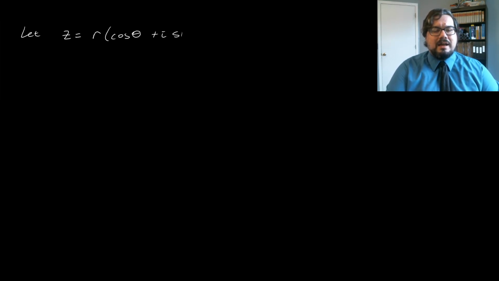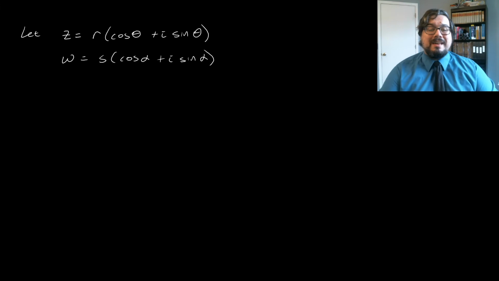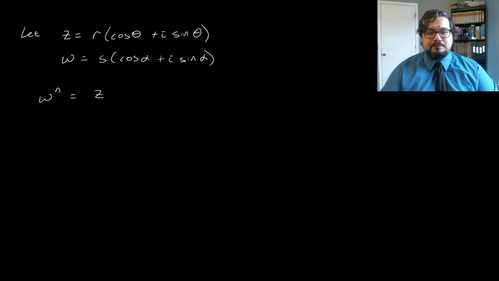Let's let z be r times cosine theta plus i sine theta, and let's let w be s times cosine alpha plus i sine alpha. And we want to know what values of s and alpha will make w to the n equal z.